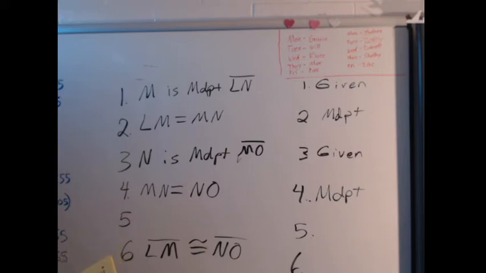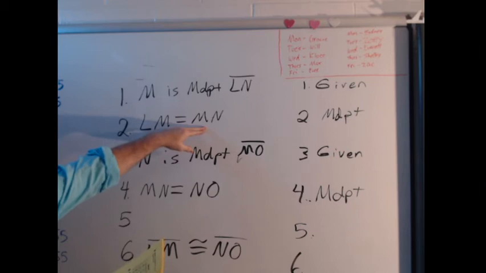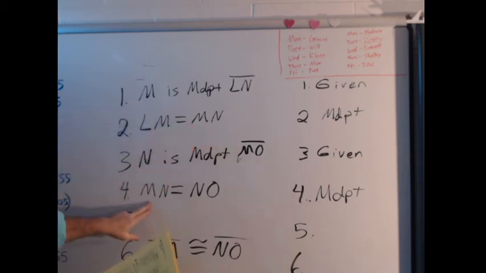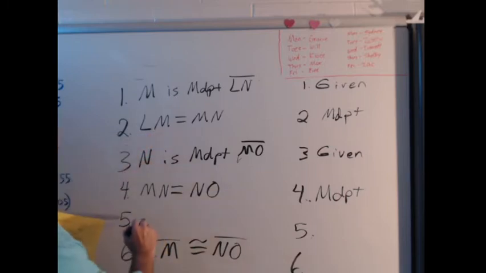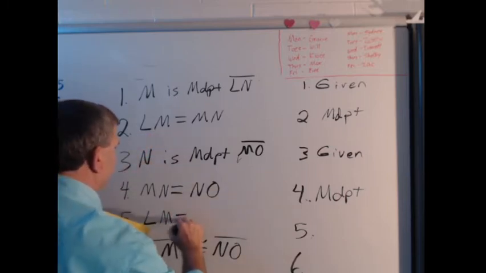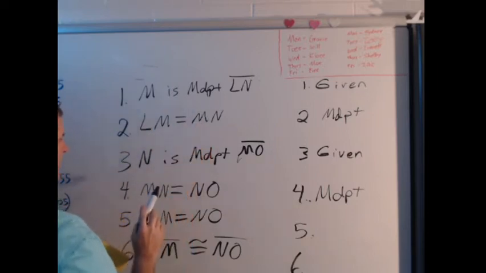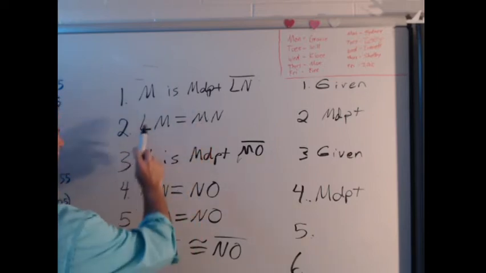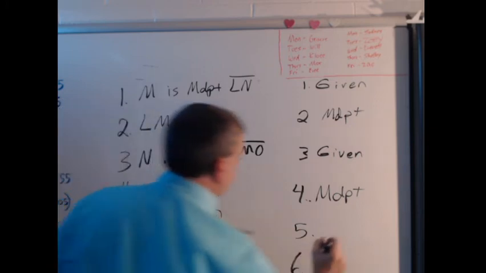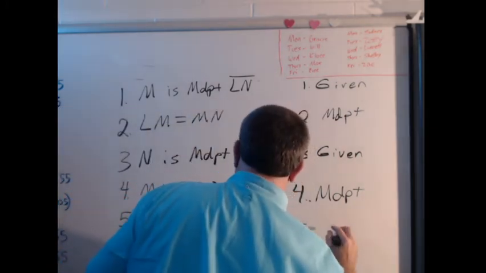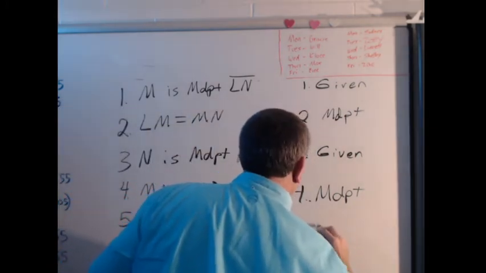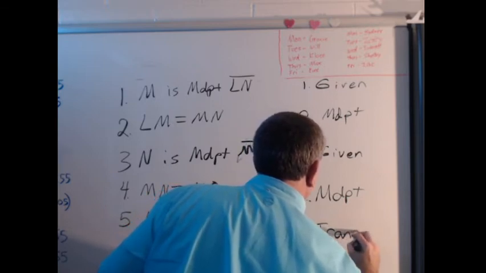So now, LM is equal to MN, so if that is true, then I can write LM is equal to NO. If LM is equal to MN, and MN is equal to NO, then LM is equal to NO. That's when I have transitive properties.